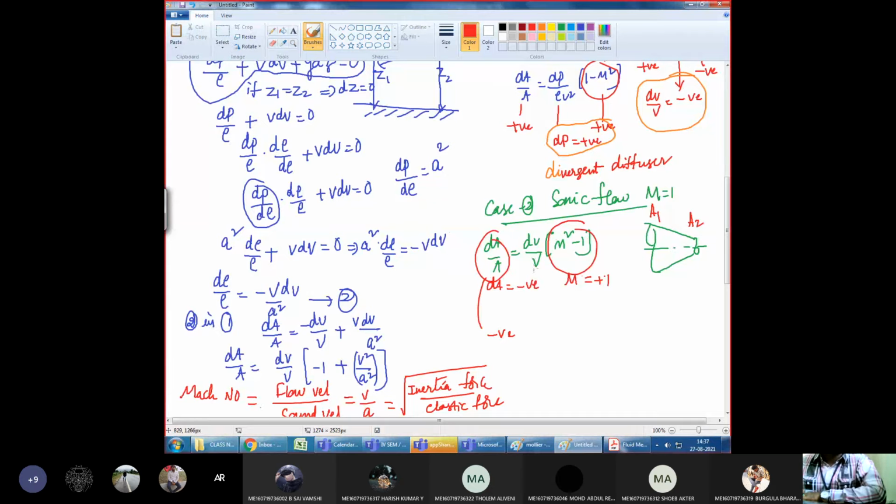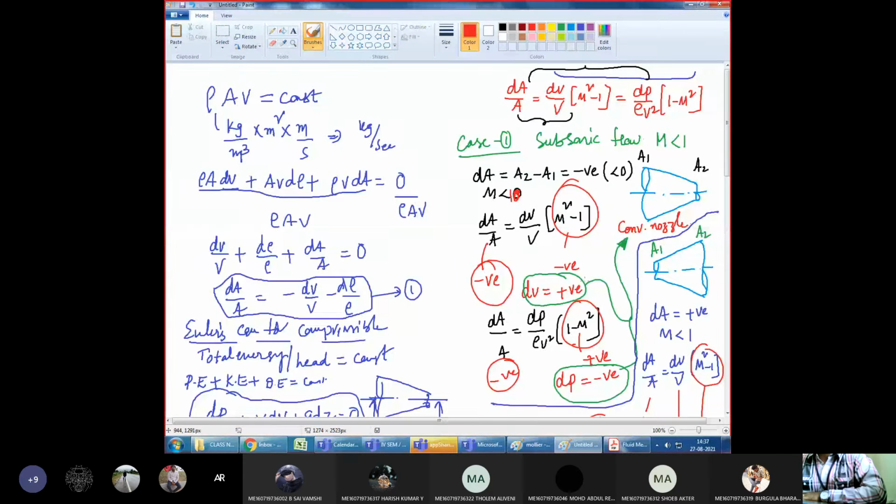What about this value? Sonic condition, M equal to 1.